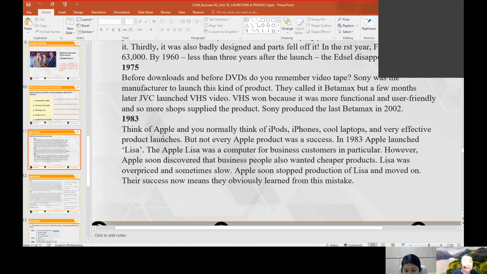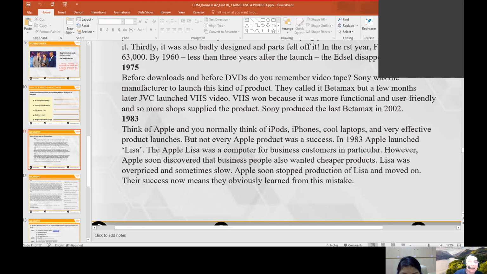And then in the year 1983, can you read this one, Toy? Think of Apple and you normally think of iPods, iPhones, laptops and very effective product launches. But not every Apple product was a success. In 1983, Apple launched Lisa.